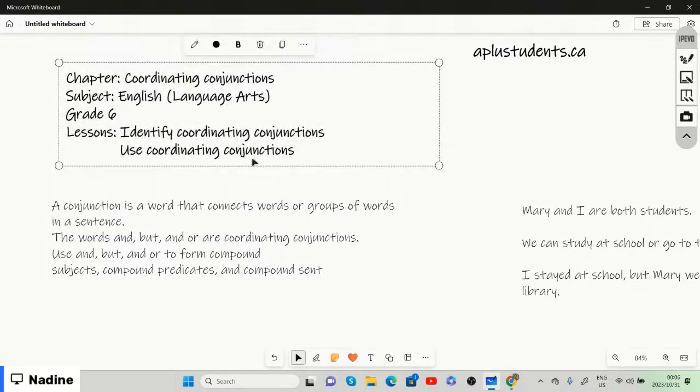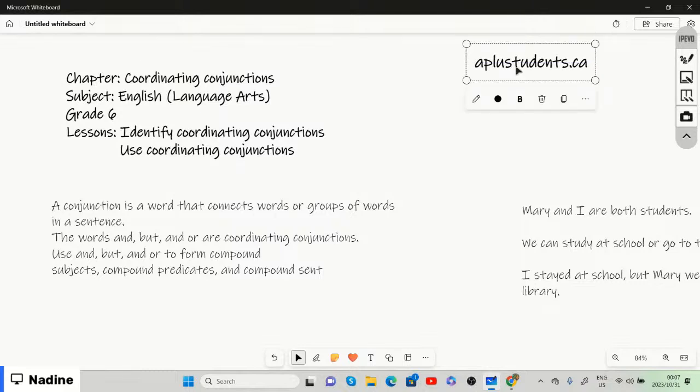The subject is English language arts, grade 6, and we're going to identify coordinating conjunctions and use coordinating conjunctions. Our tutorial lessons are on aplusstudents.ca, so if you want to go back, recap, and go over it, you may go to aplusstudents.ca.